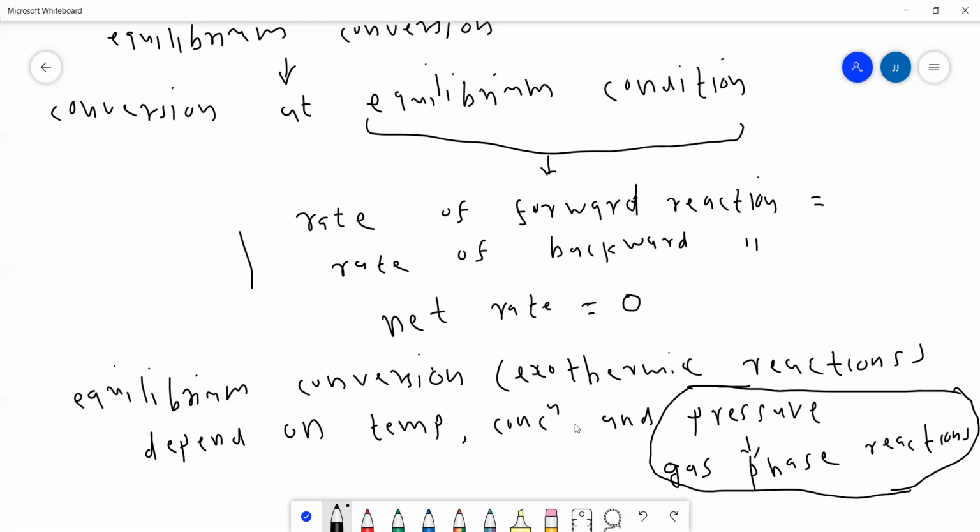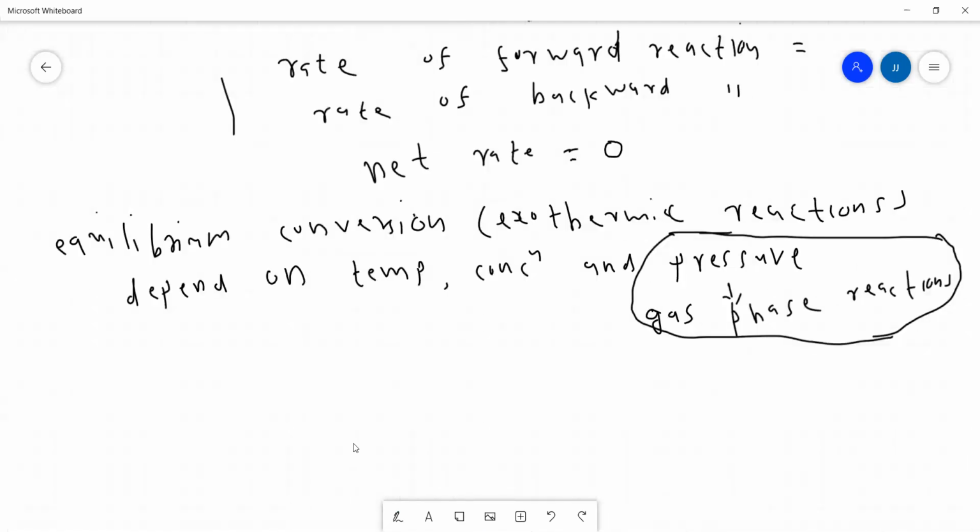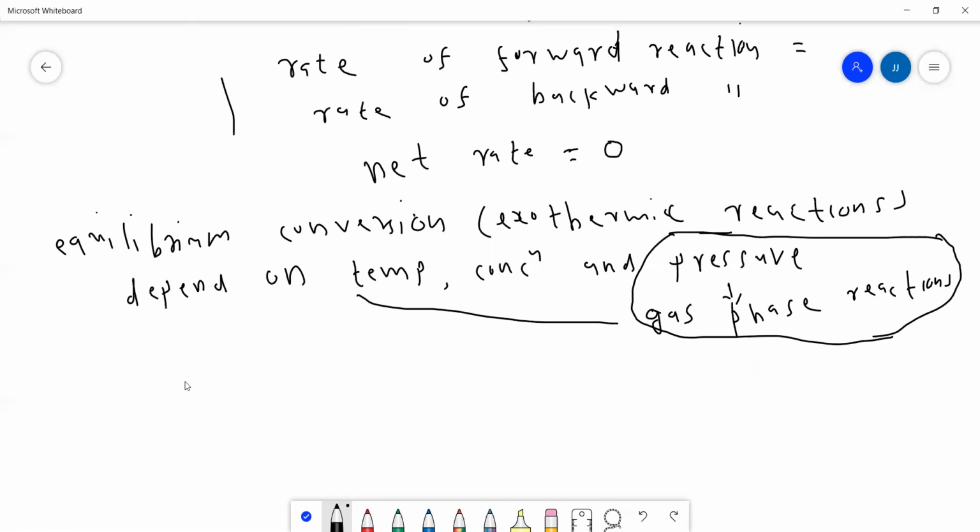And whether the equilibrium conversion will increase or decrease, or what is the effect of these parameters on equilibrium conversion, that is governed by the Le Chatelier principle.